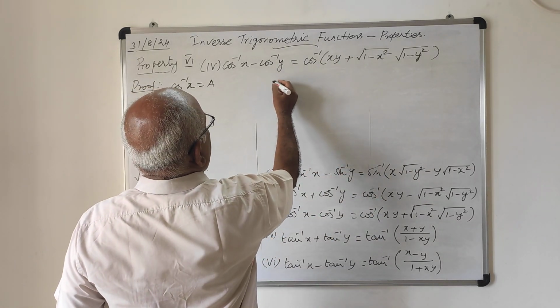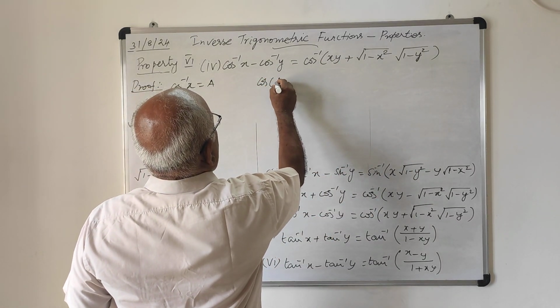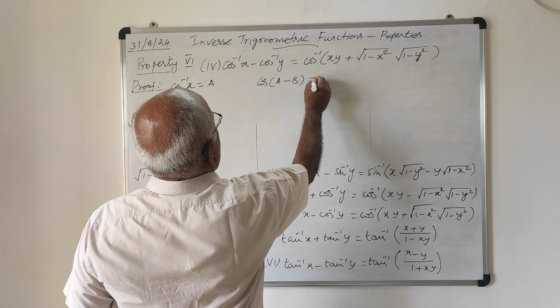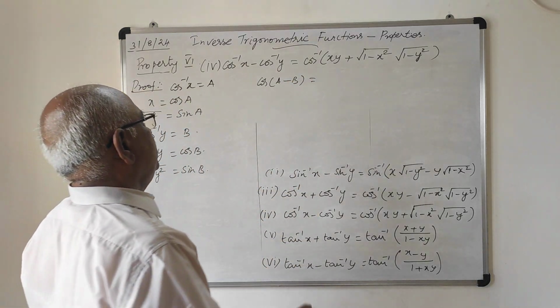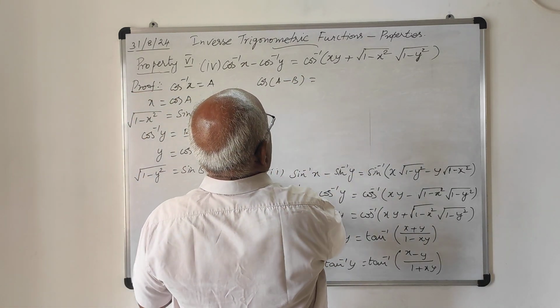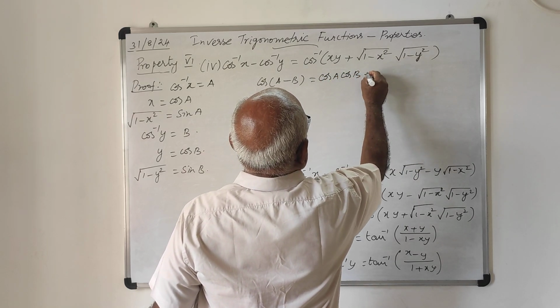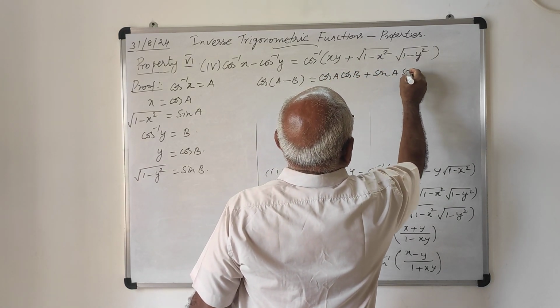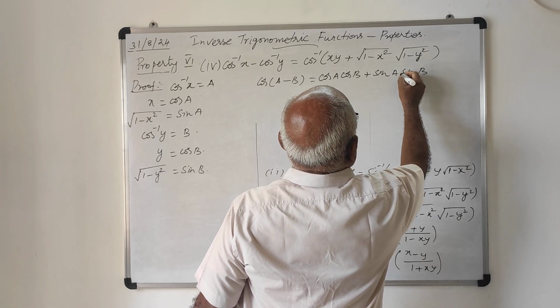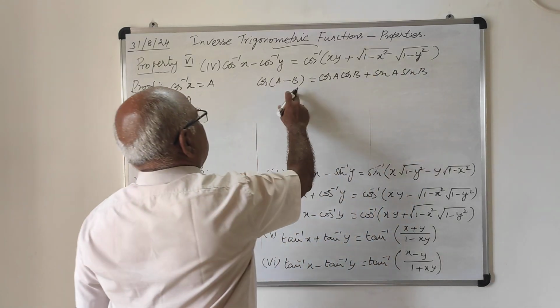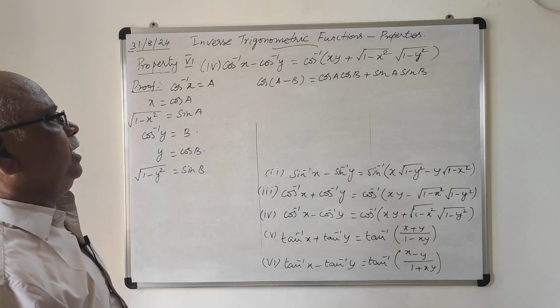For that I am going to consider cos of a minus b. You know the result in trigonometry: cos of a minus b is cos a cos b plus sin a sin b.